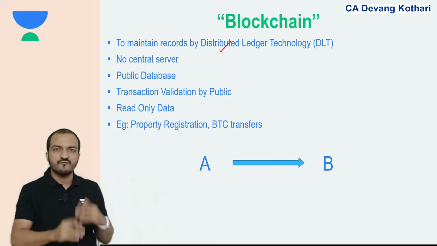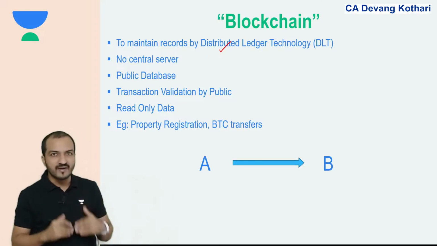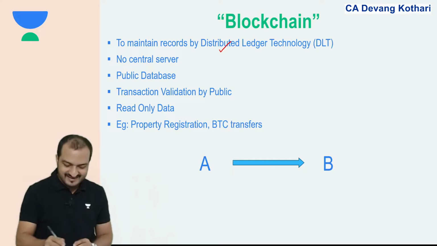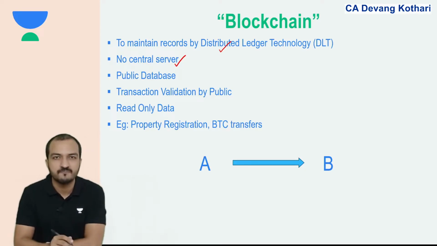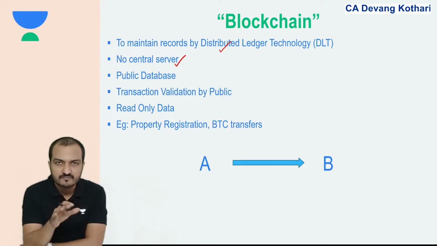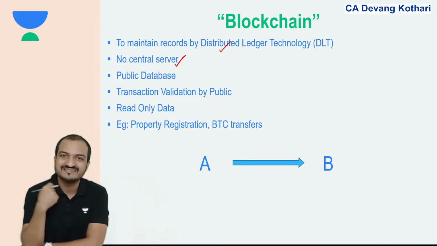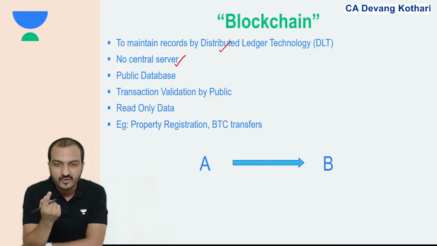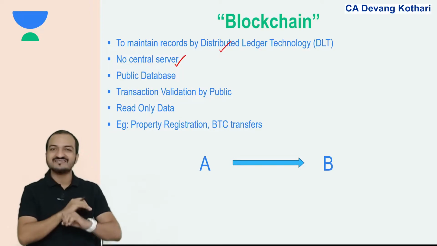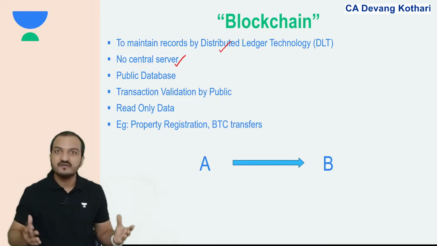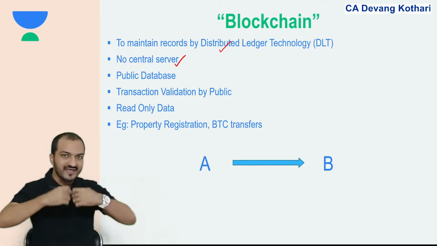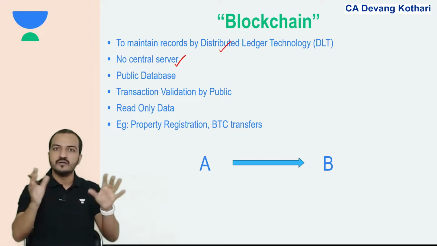This means that whatever transaction record you want to maintain is not maintained in a central server. Normally any transaction recorded in any company goes to the central server of the company. Well, under the blockchain concept, there is no central server. Rather, the transactions are recorded in a distributed ledger.